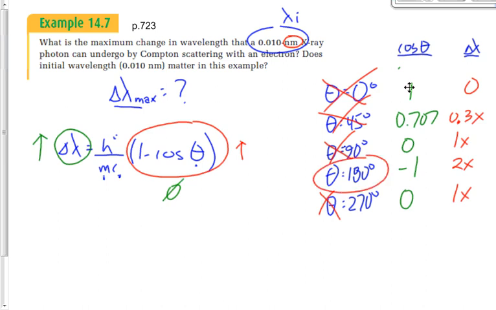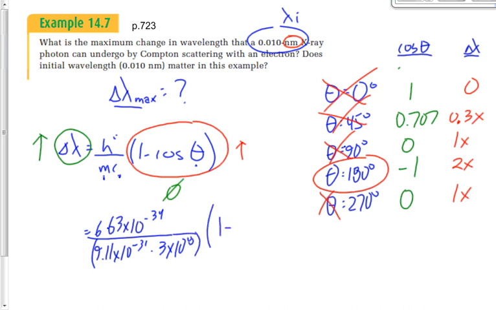So let's say 6.63 times 10 to the minus 34 divided by 9.11 times 10 to the minus 31 times 3 times 10 to the 8. 1 minus cosine 180. So it ends up being this times 2, which I think works out to be 4.4 or something like that, times 10 to the minus 12, if I remember.